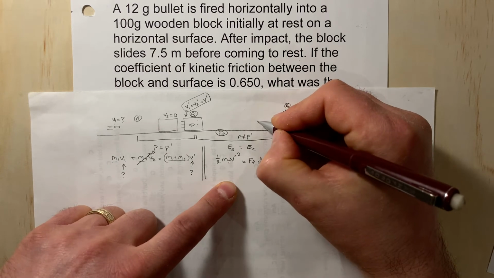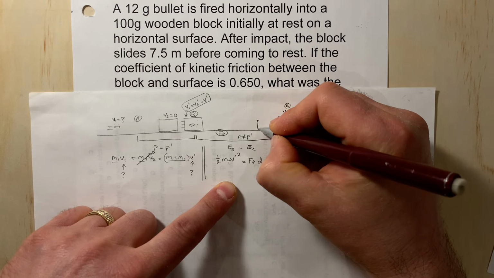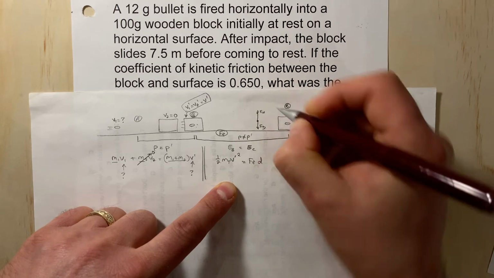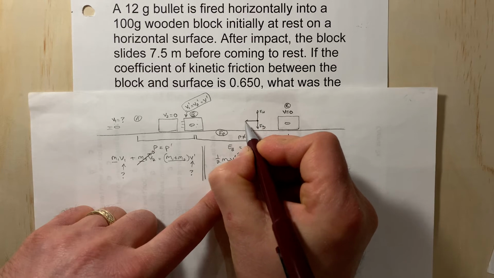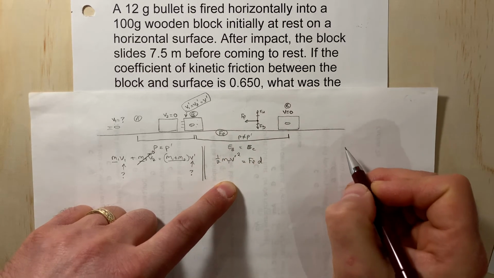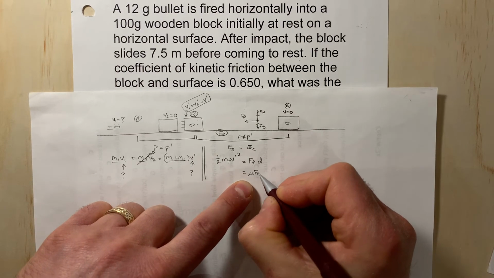Now, if I can just slide in a quick little free body diagram. As the bullet and the block slide together, what we've got acting here is force of gravity, normal force. This is very small. Hopefully you can zoom in a little and see this. Force of friction. That normal force and that force of gravity are the same. Remember, friction is mu Fn times d.